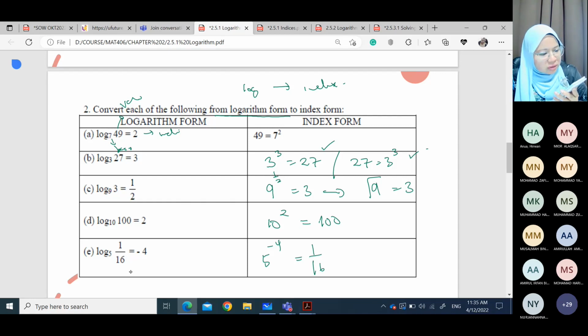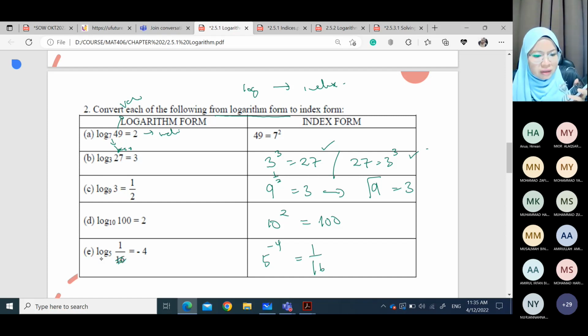Salah kot ni. Okay, kita try. Log 5 1/16. Jawapan dia, ni salah ni. Contoh salah ni.